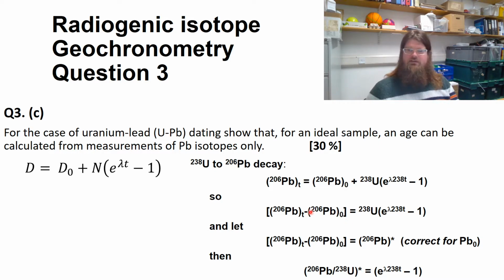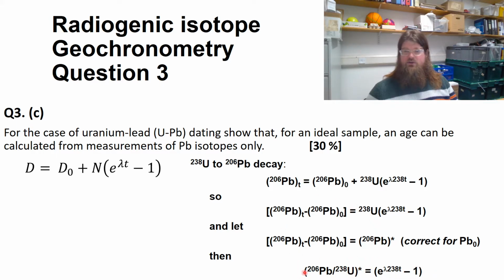If this initial lead was a very small number, then that's just the amount from radioactive decay. There are some corrections we can do, but in most situations we can assume it's an insignificant contributor to our daughter isotope collection.